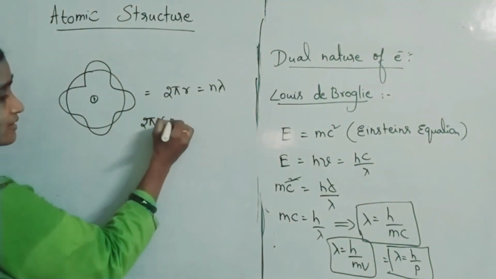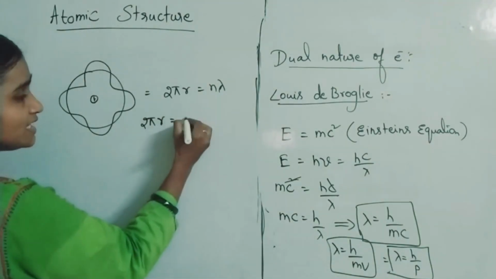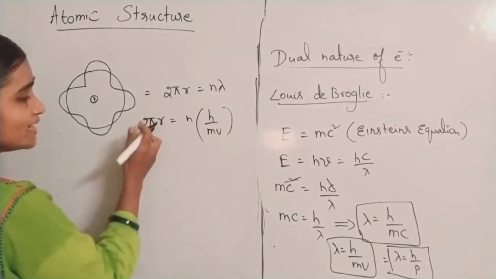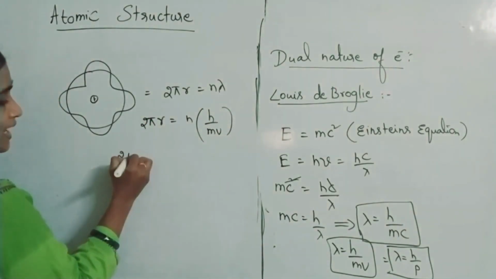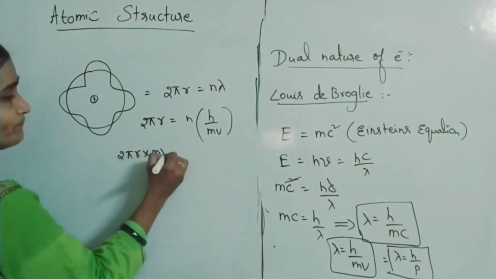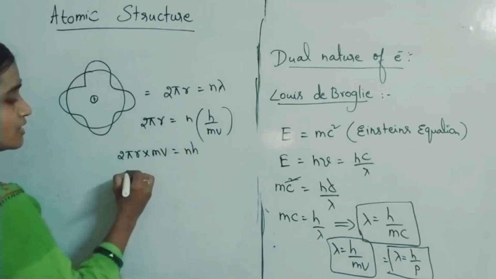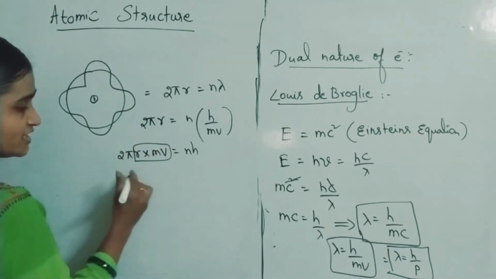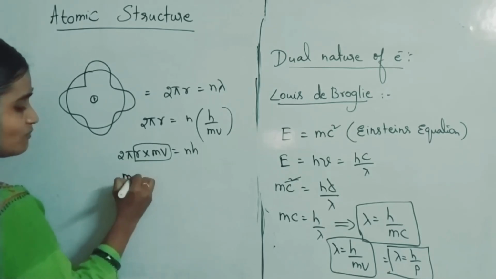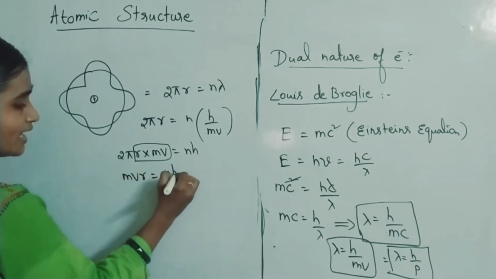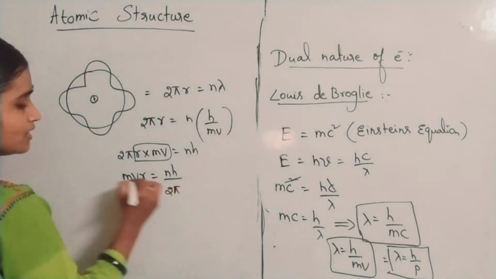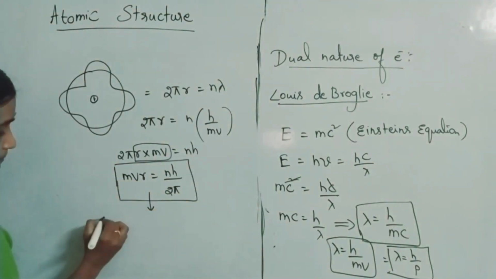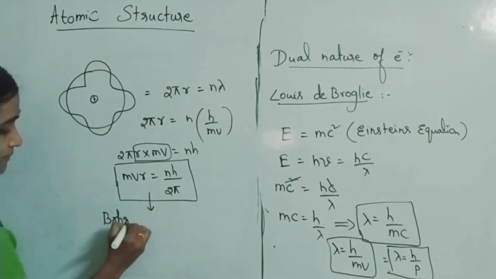So 2 pi r, the circumference of the wave, is equal to n into h by mv. If you cross multiply, 2 pi r into mv is equal to nh. So mvr, if you leave it like this and bring 2 pi to the denominator, now mvr is equal to what? nh by 2 pi. So in that way, Bohr's quantum condition has also been verified.